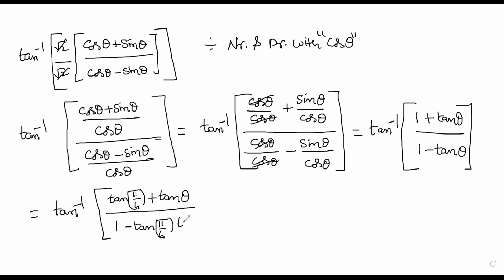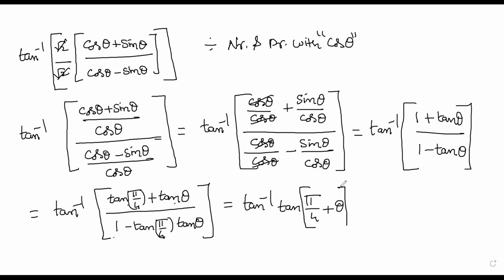This is of the form tan A plus tan B divided by 1 minus tan A tan B. So this becomes tan inverse of tan of A plus B. Instead of A plus B, it is pi by 4 plus theta. So this finally becomes pi by 4 plus theta.